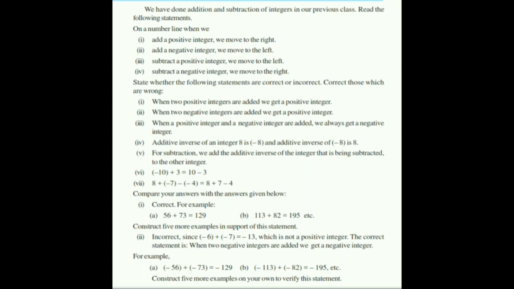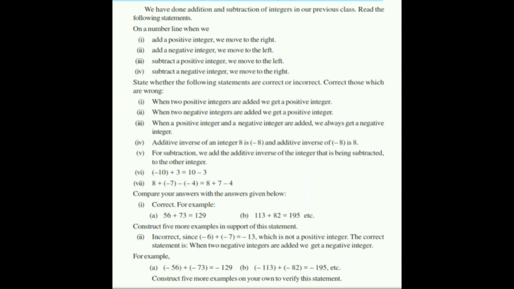It is not always correct, because when two integers have different signs, we have to subtract the smaller integer from the greater integer, ignoring their signs, and then put the sign of the greater integer in the answer.